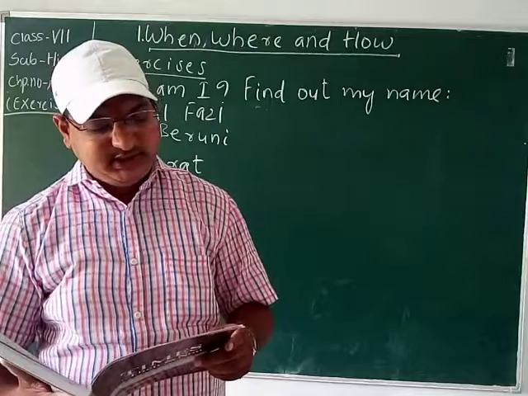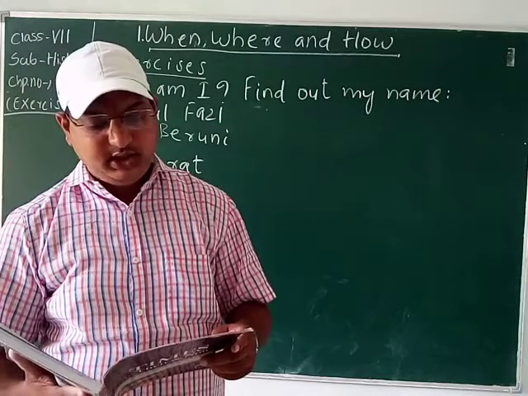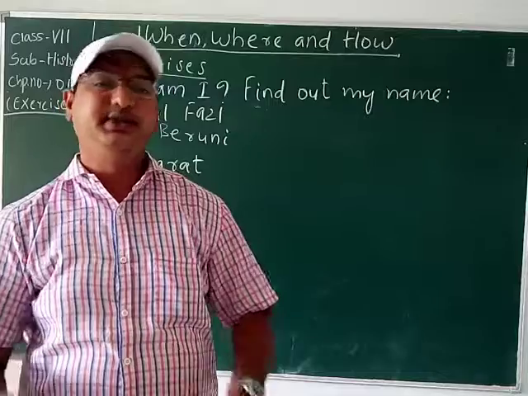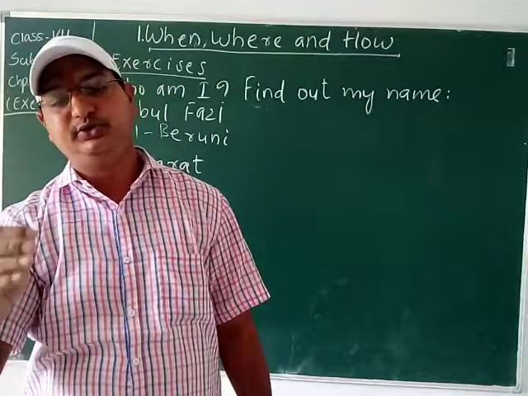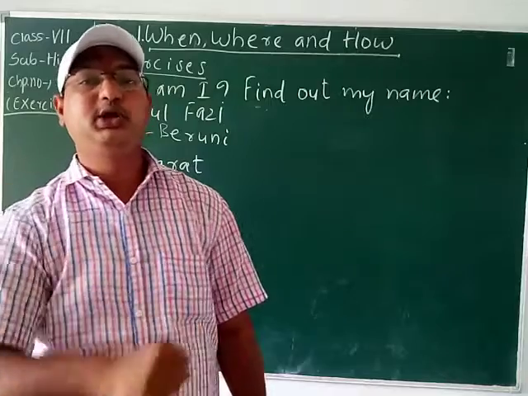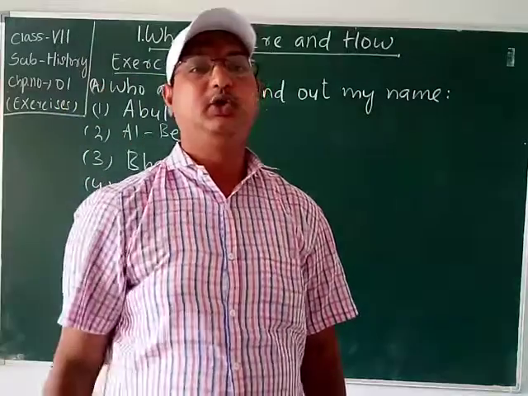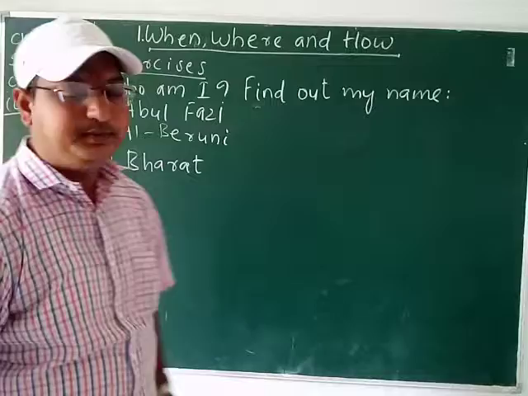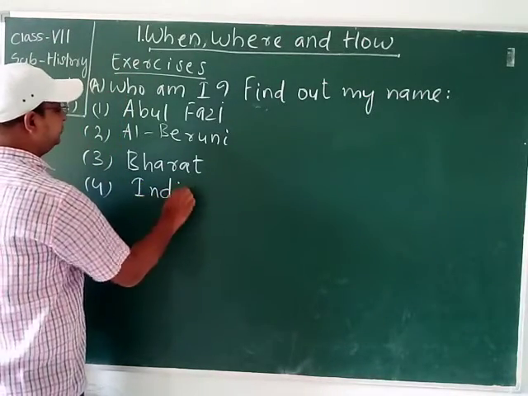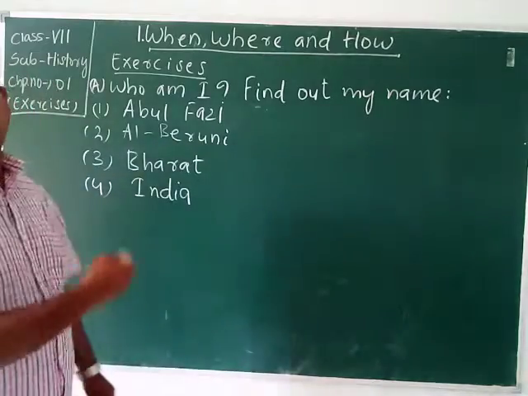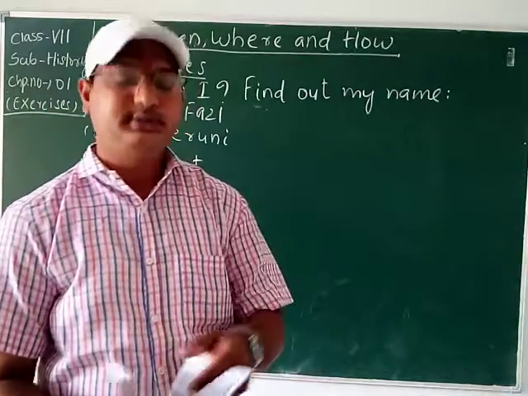My medieval period is divided into the early medieval and the later medieval period. My name is... Students, the division of medieval period from 8th century to 18th century. So, about whom are we talking? We are talking about Indian history. So, India being the country here, the right answer is India.